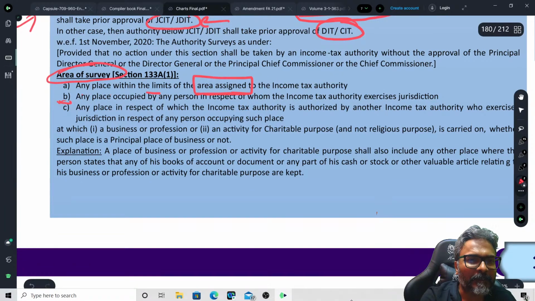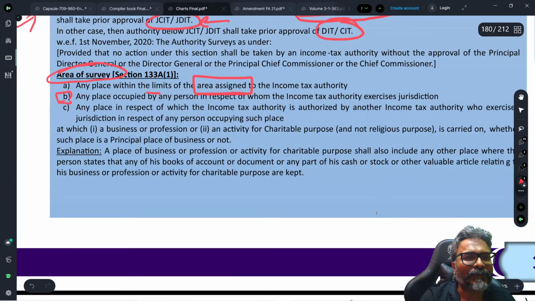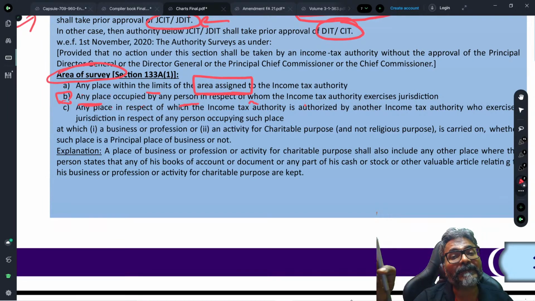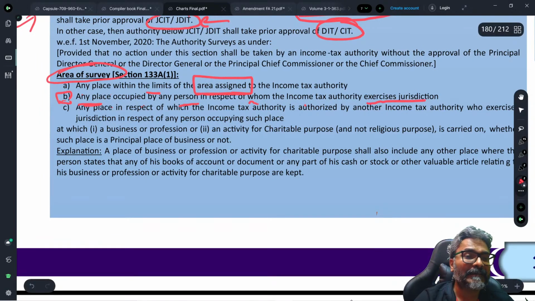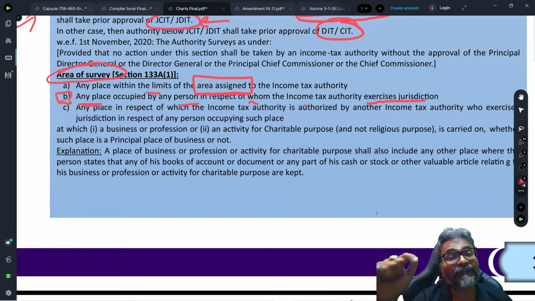As far as point number B is concerned, what they are trying to say is any place occupied by any person in respect of whom the income tax authority is exercising jurisdiction.